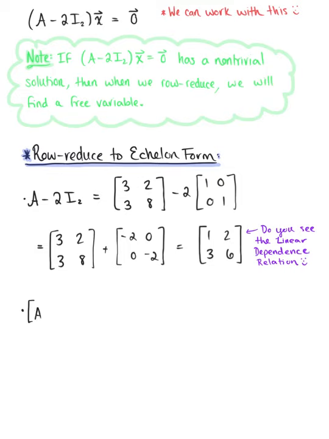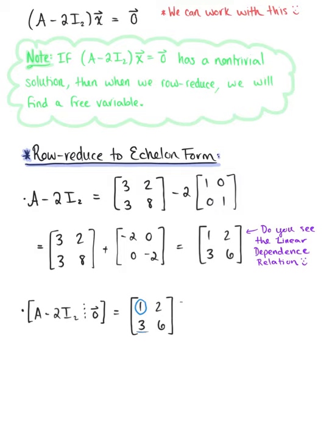Now we are ready to start row reducing. We have our matrix A minus 2 times the 2 by 2 identity matrix, and we're augmenting this with the 0 vector. Starting with our first pivot position, we want to use this pivot to eliminate the entry below it.